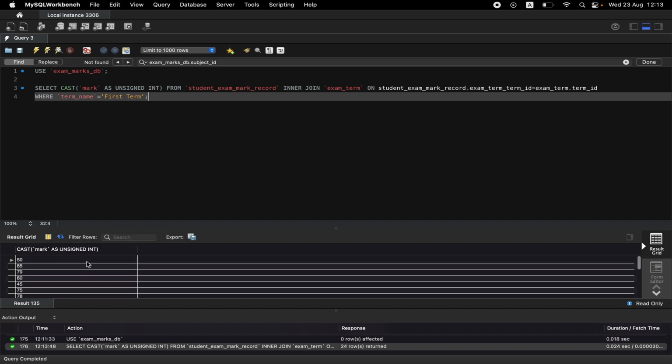So these are the values, and we got these values as integers.